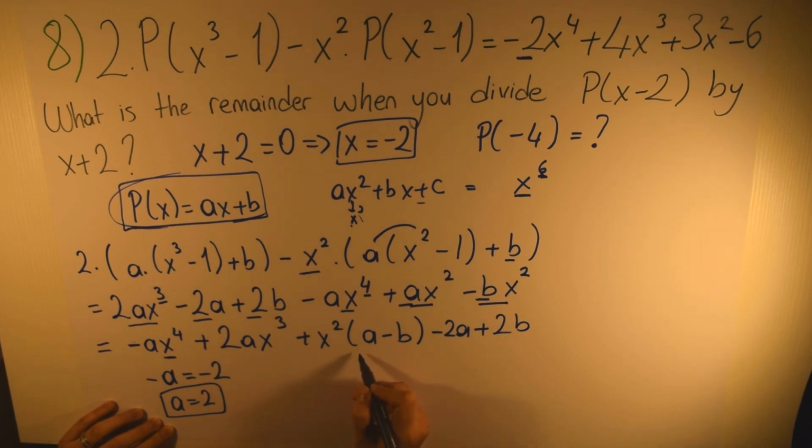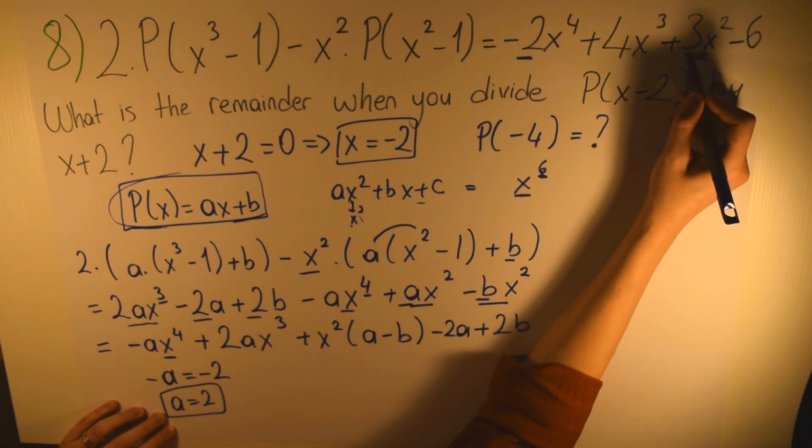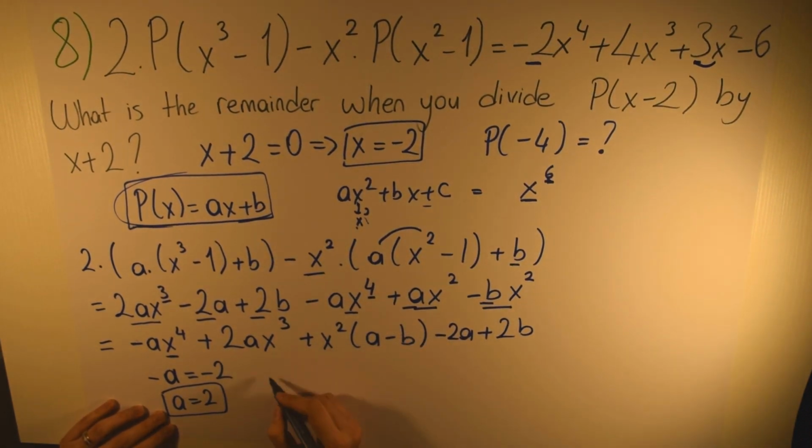For example, x squared: in front of x squared we have 3, which means a minus b is equal to 3, and we found a as 2. So 2 minus b is equal to 3, which means b is equal to minus 1.